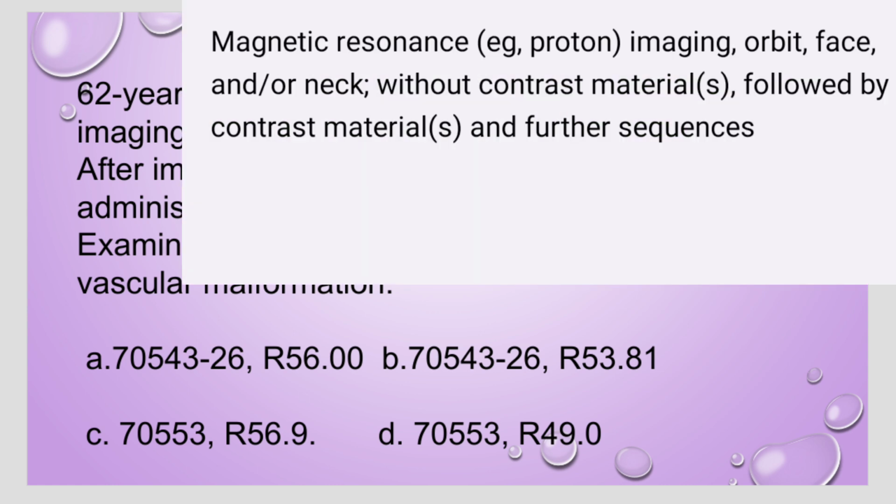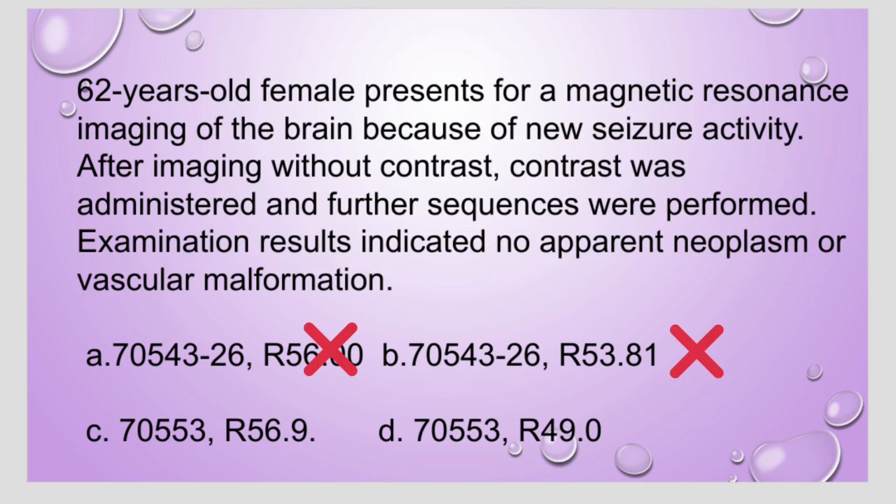It is for magnetic resonance imaging, orbit, face and or neck without contrast materials, followed by contrast materials and further sequences. This is not correct, so we can eliminate the options with 70543. So option A and B is not a correct answer, so we can eliminate these two options.